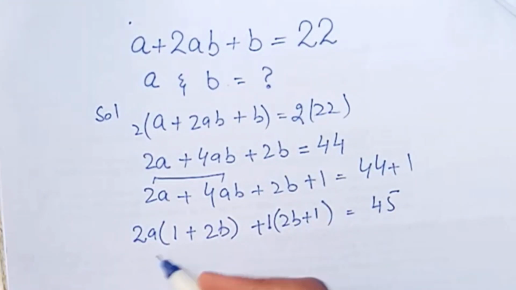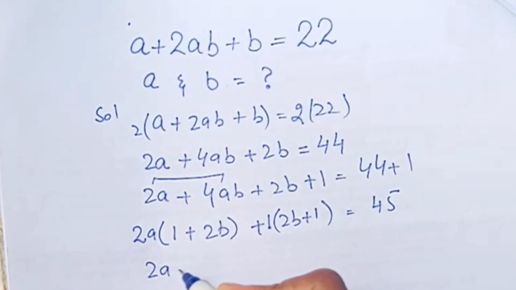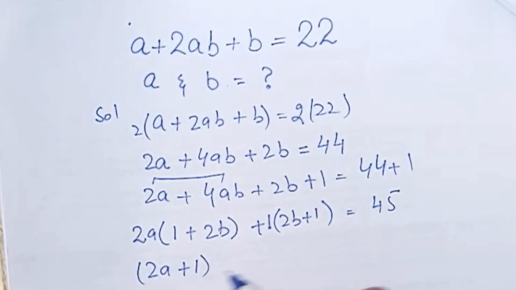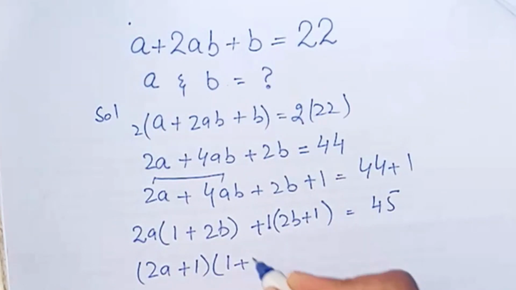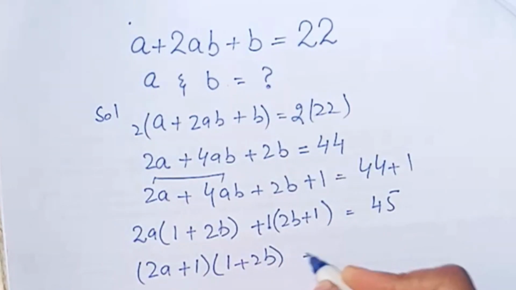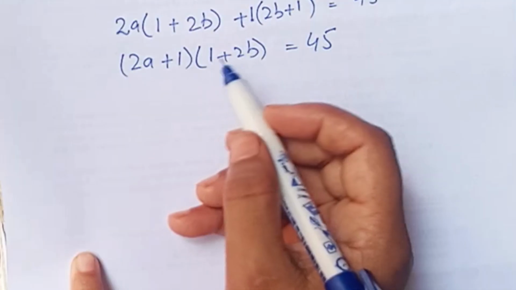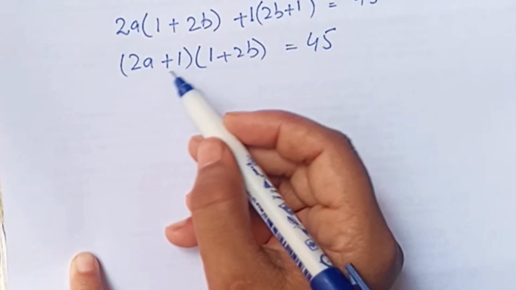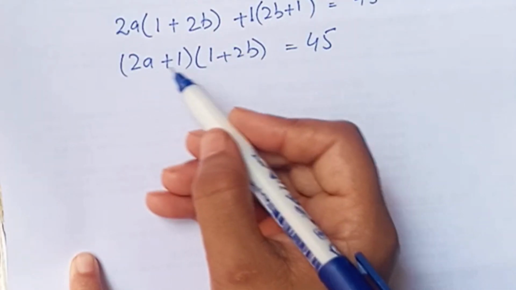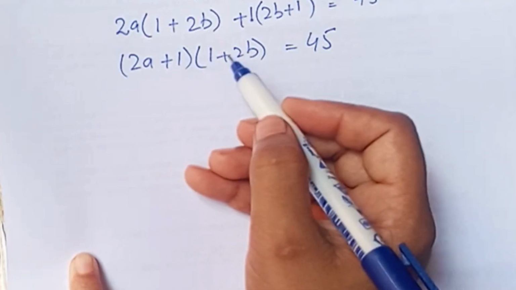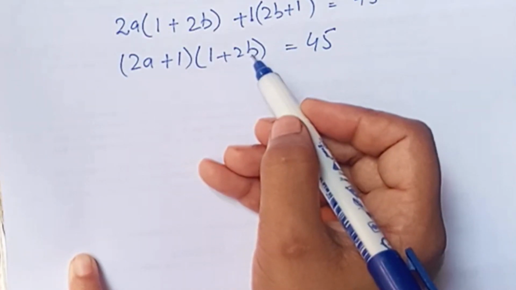Now we write this as 2a plus 1 times 1 plus 2b, and this is equal to 45. Look at the left-hand side. This is a product of two terms. The first term is 2a plus 1 and the second term is 1 plus 2 times b.